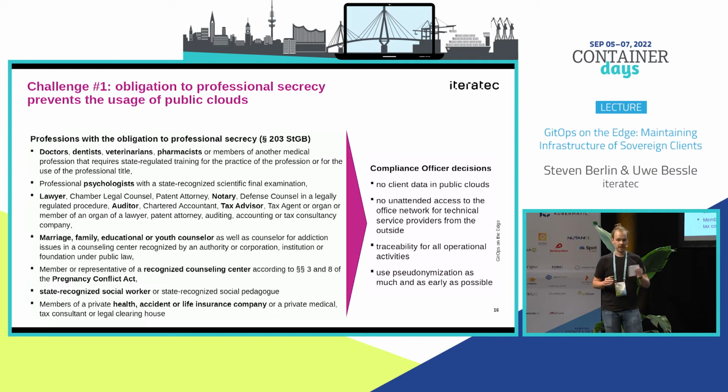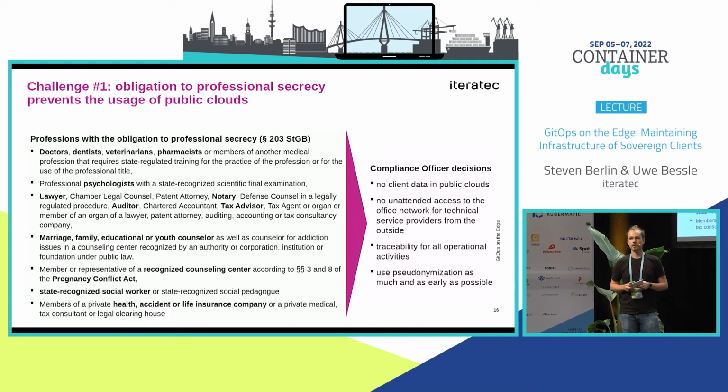Okay, much text here, but not really for you to read right now, but please just listen. We have 6 challenges to address on the constraint and non-functional requirements side, not the actual business that needs to be implemented with our app, and the first being that there's professional secrecy in the business area of our customer, and that needs to be addressed on an infrastructure level, and the customer did extensive research and evaluation how those requirements that stem from professional secrecy map to actually operate in an application.